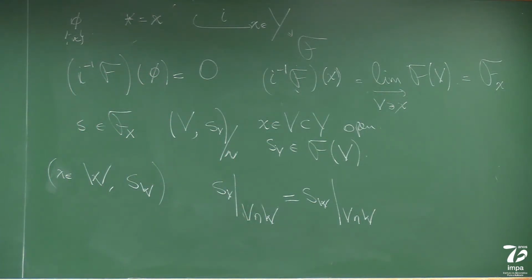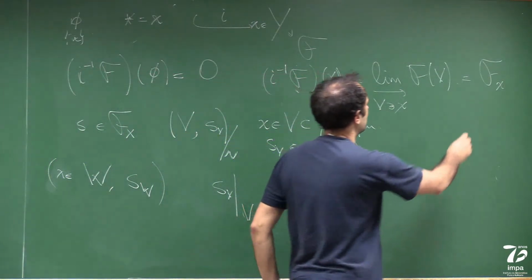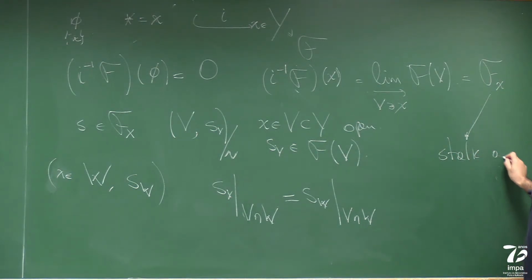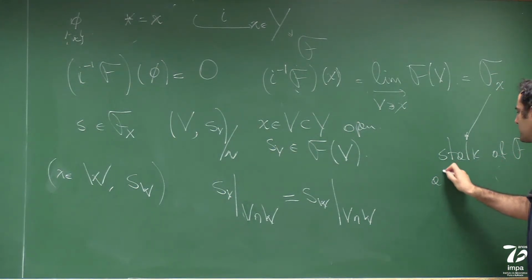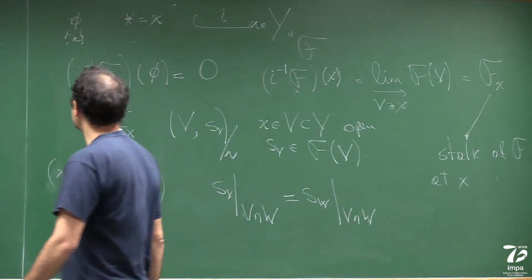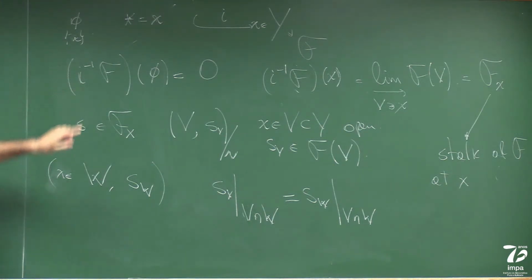So equivalence classes of those are these elements in this F_X. This is called the stalk of F at X. And these are the values of this pullback of F to the point when evaluated on the full space. So now I look at the push forward of that sheaf. This is a sheaf on the point.